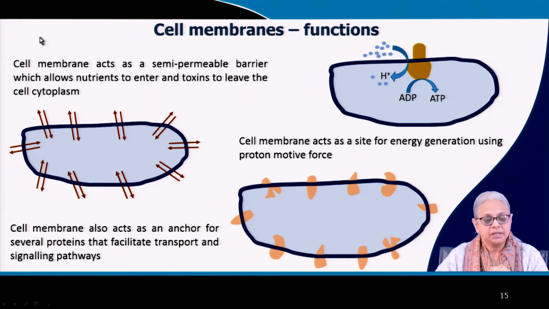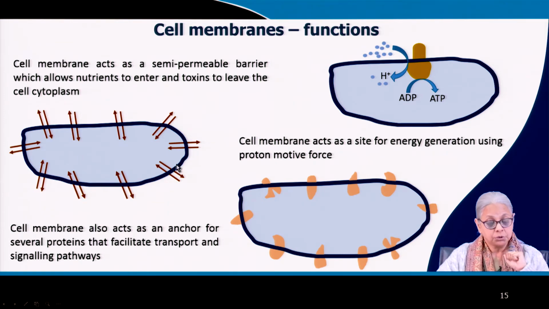So cell membranes are semi-permeable barriers that allow nutrients to enter and toxins to leave the cytoplasm, and the transport of all these things, except perhaps the gases, is mediated by proteins.